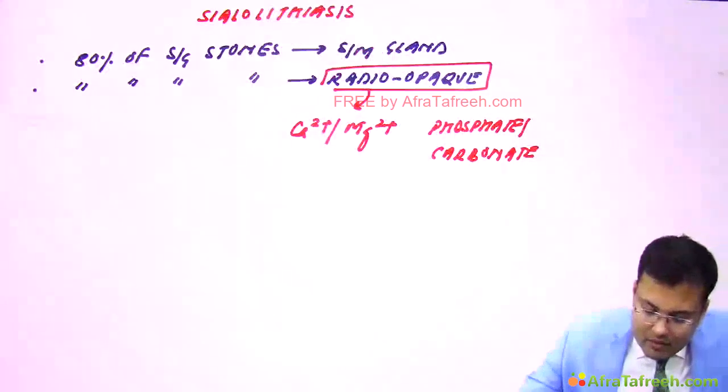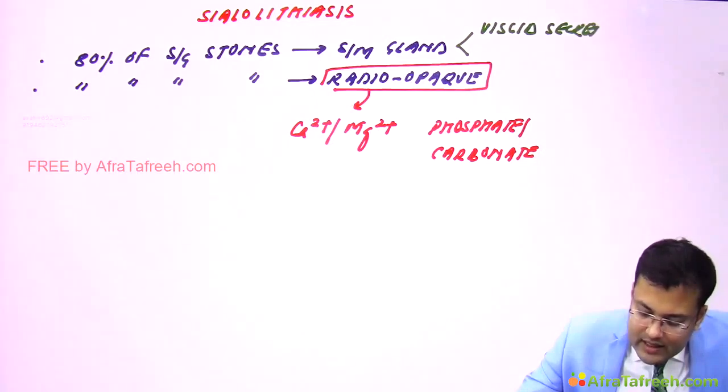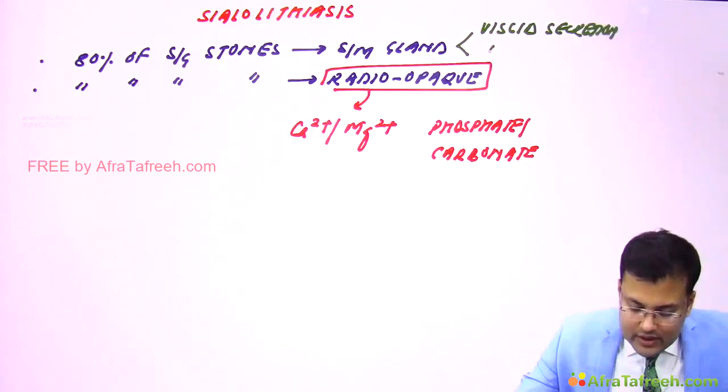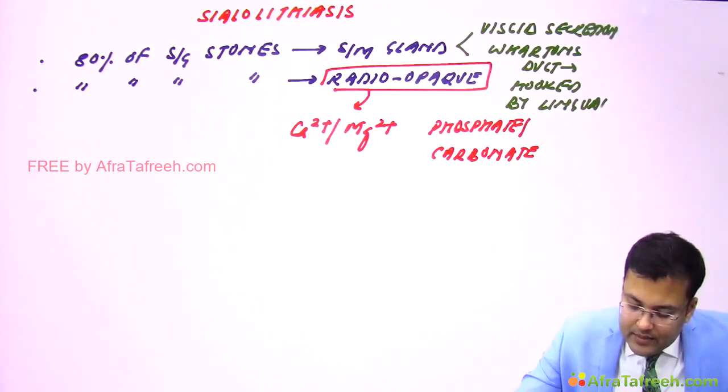We discussed why. Because of viscid secretions, and the lingual nerve hooks the Wharton's duct. So Wharton's duct is hooked by lingual nerve. Simple.